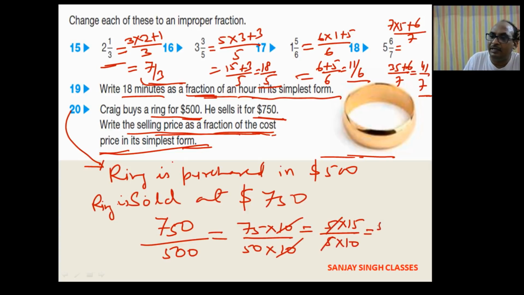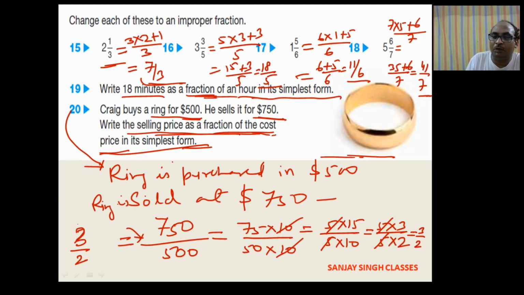Again, 15 by 10 we can write as 5 into 3 by 5 into 2. So 5 we are cancelling, left with 3 by 2. So we need to write 750 by 500 in simplest form, which is 3 by 2.